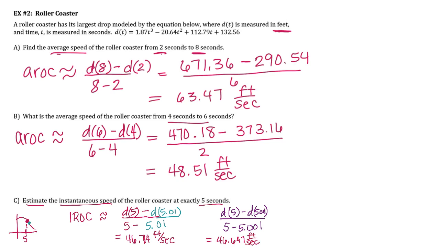And so notice here, this is probably close enough for us to take a good estimation. So at exactly 5 seconds, then our IROC, I would say, is approximately 46.67 feet per second.